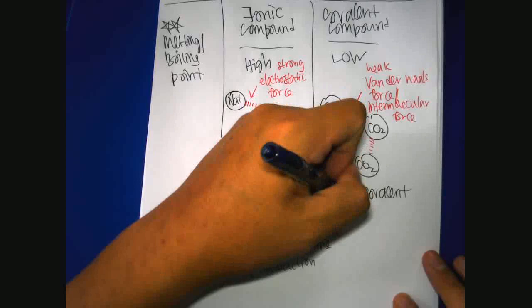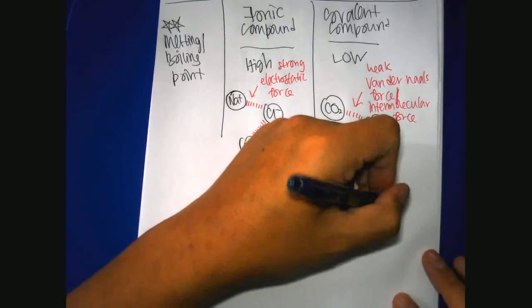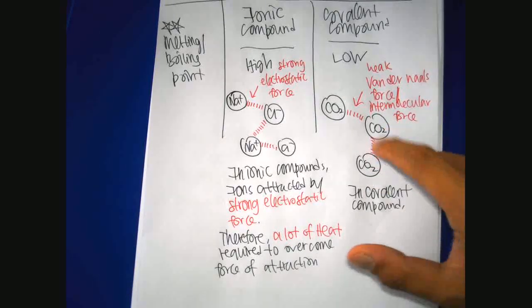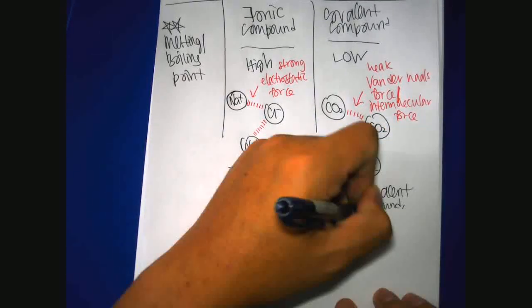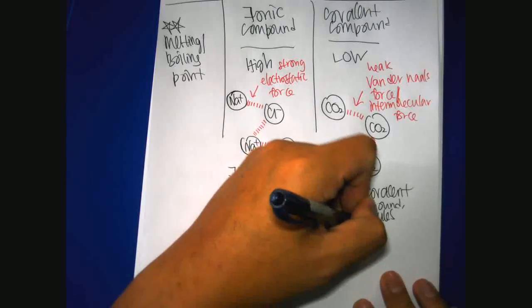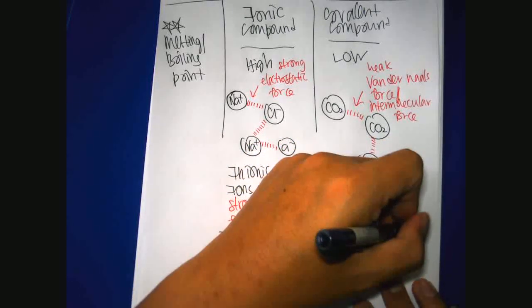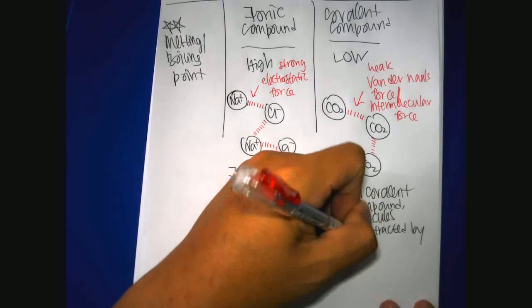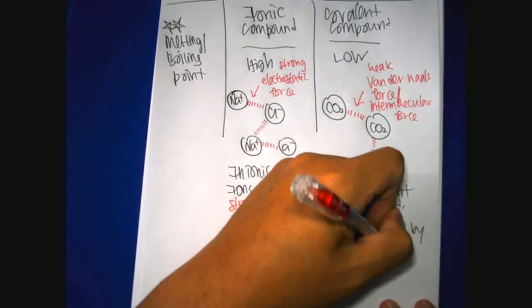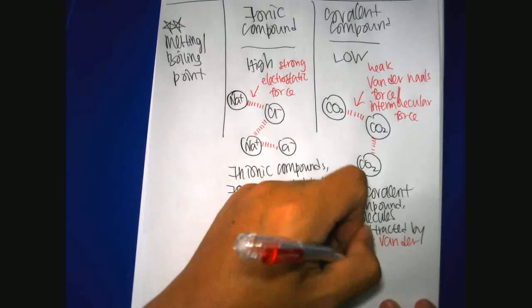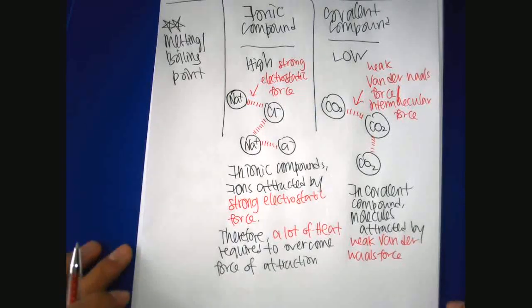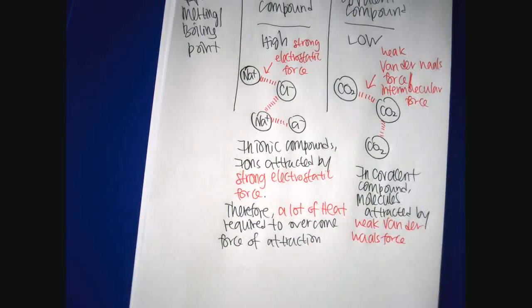In a covalent compound, all these substances are called molecules. This one that is charged, you call it an ion. For the molecules, they are attracted by a force. The force is called van der Waals, which is very weak. So we have weak van der Waals force. Remember, if you don't like to use the word van der Waals force, the alternative you can use is intermolecular force.